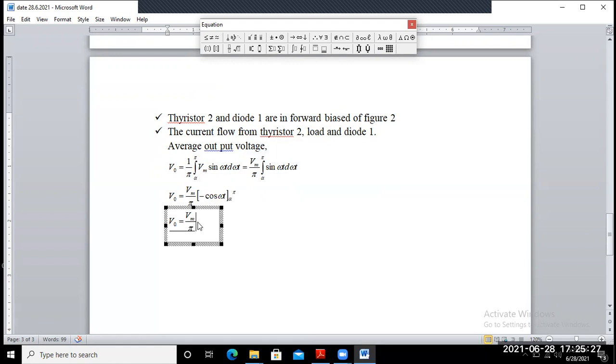So here we can write the value of 1 plus cos alpha.